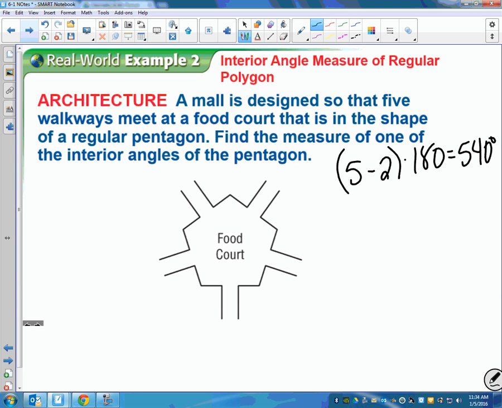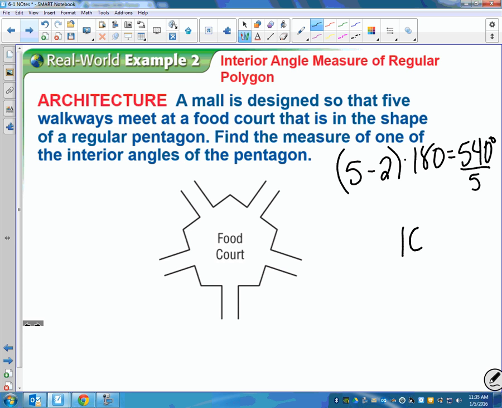Now this is a regular pentagon, so what makes that special because it's regular? All the angles are equal, all the sides are equal. So, Chandler, what do I do to find one of those angles if they all add up to 540? Right? There's 5 angles, they're all equal, so I'm going to divide by 5. What do you get?